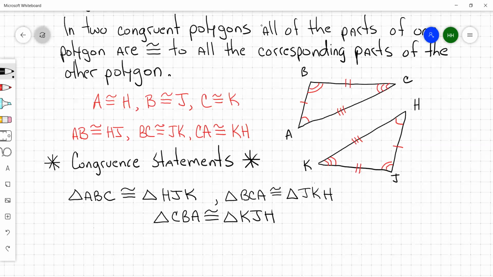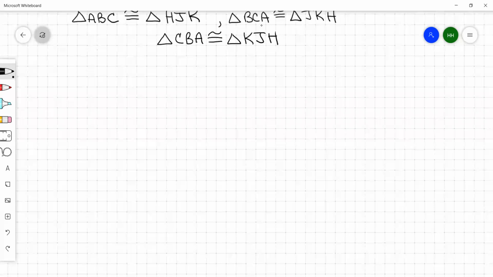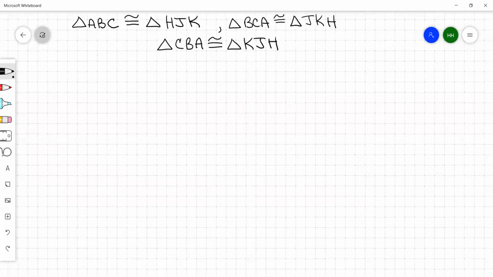So let's solve a problem using this. Let's get triangle ABC here. Side AB is 32.1.